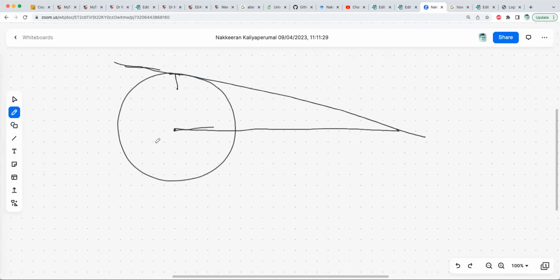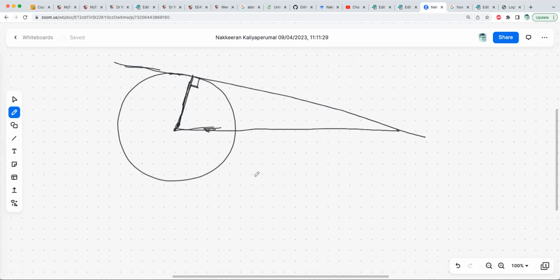It is not exactly following that. Let it be. So this is the 90-degree we have to prove, isn't it? Yes. Okay, so what did you do?